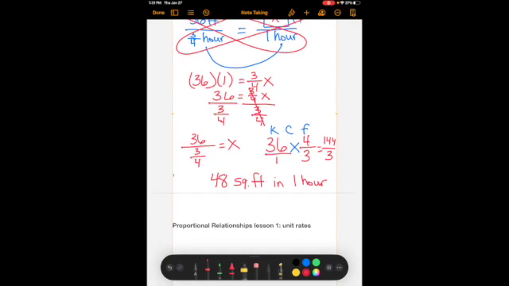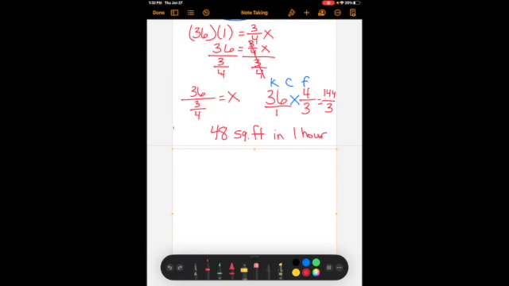If I was going to write that as a ratio, I would write that as 48 square feet per 1 hour.